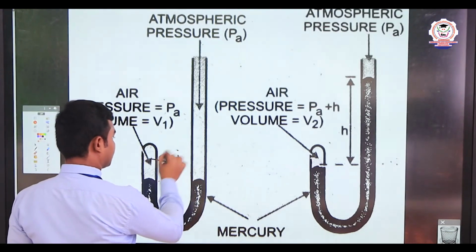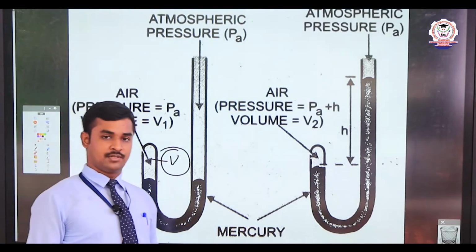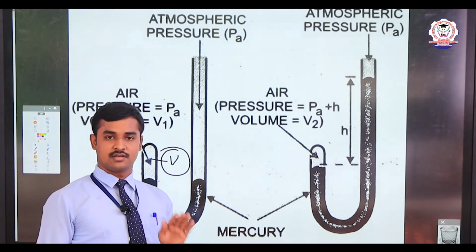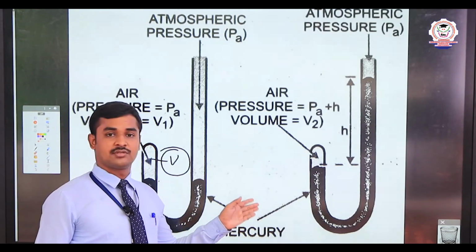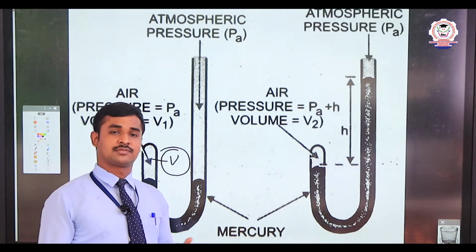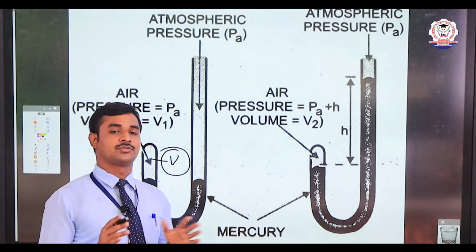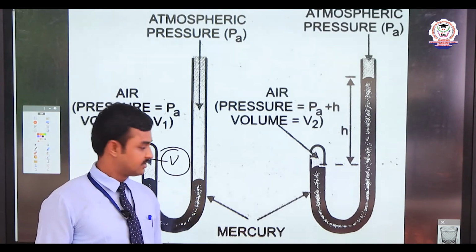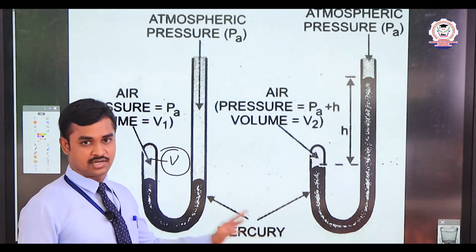It is very easy to identify the pressure and volume, but one condition is that we should keep the temperature normal or constant. Here I use room temperature. Otherwise, you can do this experiment at a higher temperature also, but the temperature should be constant. Do not change the temperature higher or lower. So, constant temperature is the essential condition for the Boyle's law experiment.